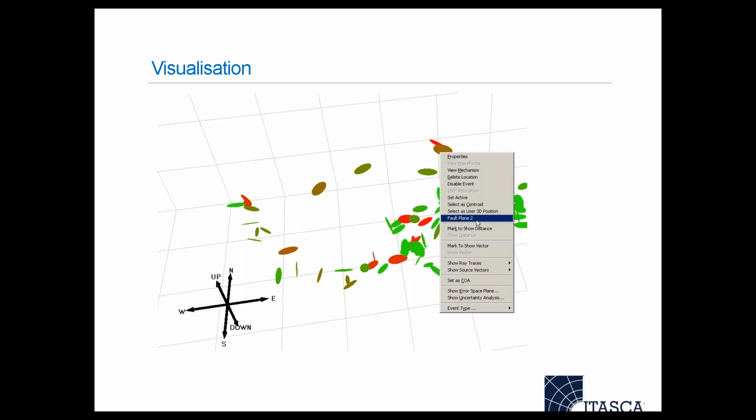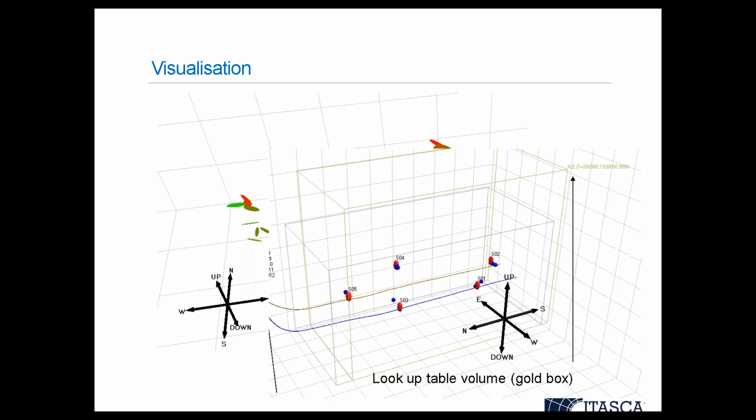There's no way to distinguish the fault plane from the auxiliary plane. So sometimes you may want to switch between the planes and see if they are in line with the neighbor's fault planes, with the non-double couple fault planes. If that's the case, you may want to flip that plane. So that gives you a tool to manually flip the fault planes.